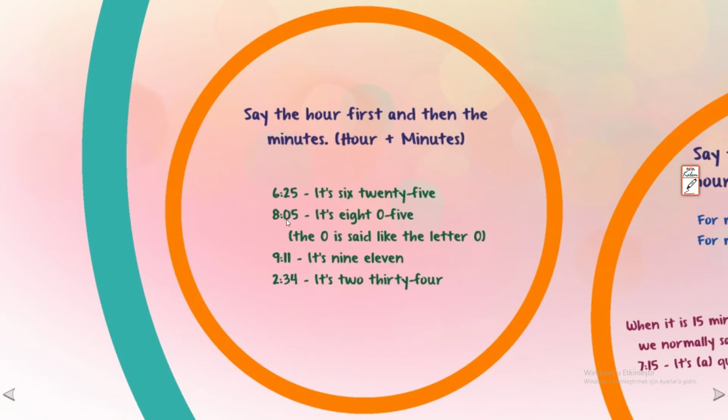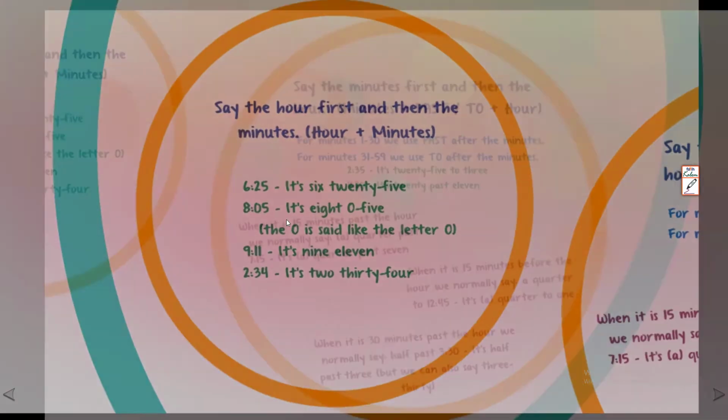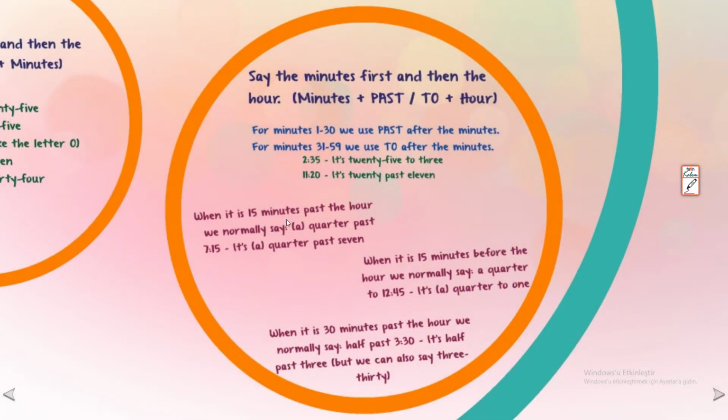When we have 0, we should say it like the letter O. The 0 is said like the letter O. And 9:11, it is 9:11. 2:34, my friends.